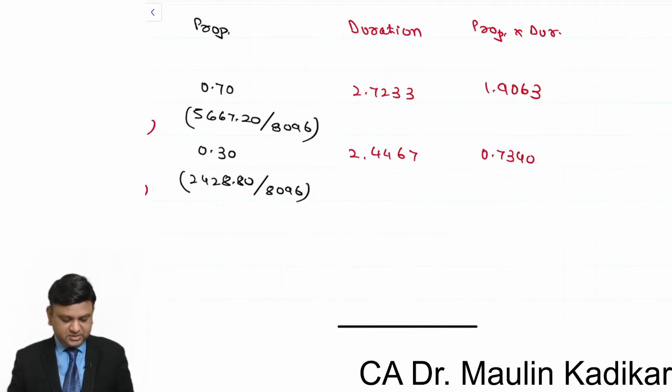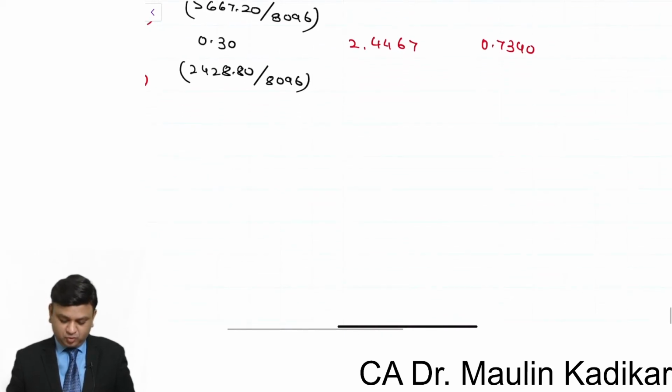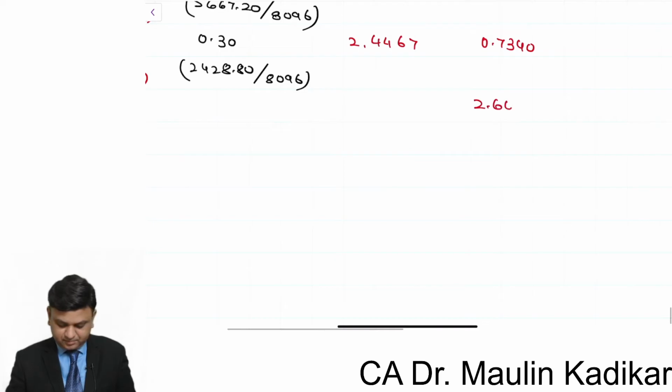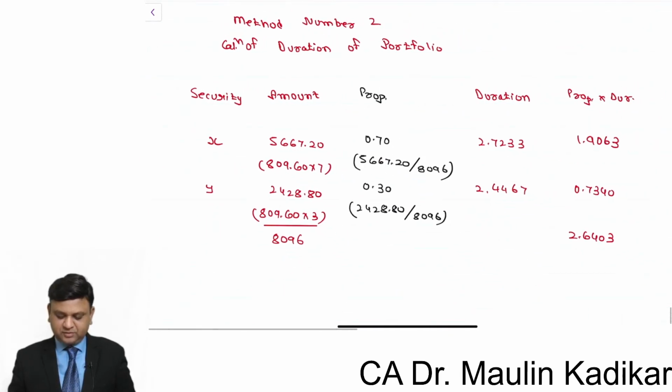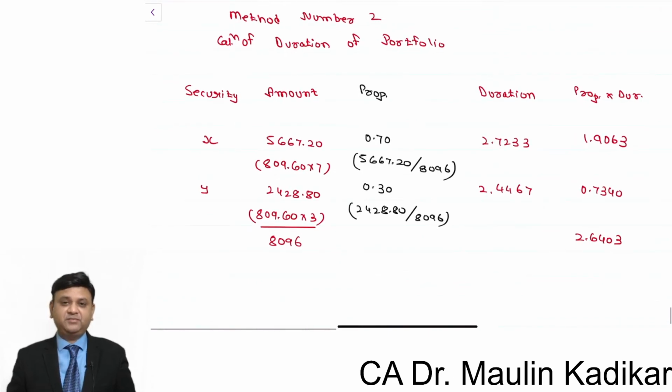So 1.9063 plus 0.7340, the total of that comes to 2.6403. That is the way we are required to make the computation of the weighted average, and the weighted average duration is the duration of the portfolio.